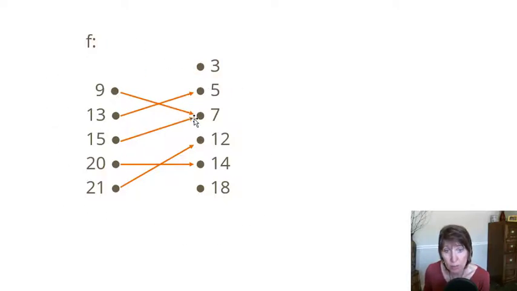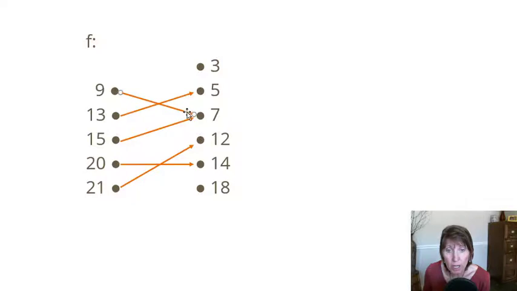Because 9 always maps to 7 and 15 always maps to 7. It's well-defined because each element in the domain maps to exactly one element in the target. But 9 and 15 both map to 7, so this one is not one-to-one.